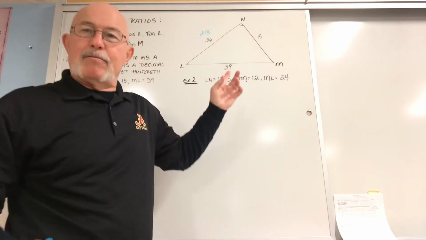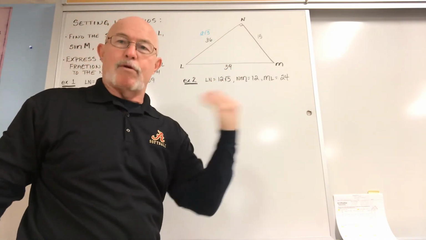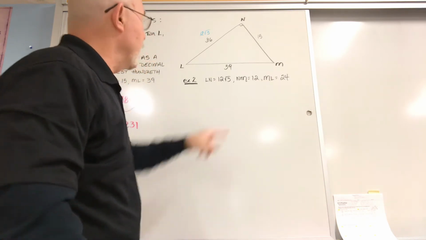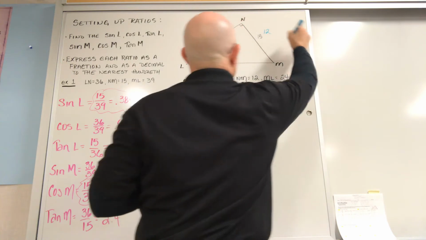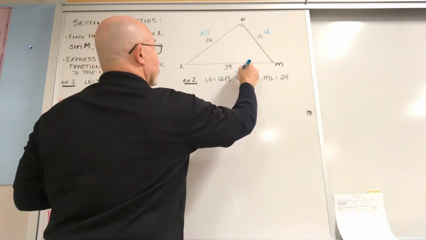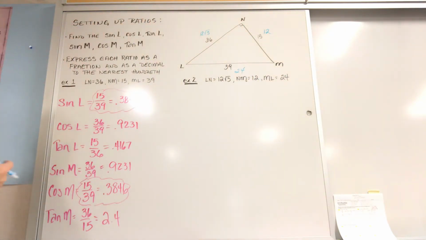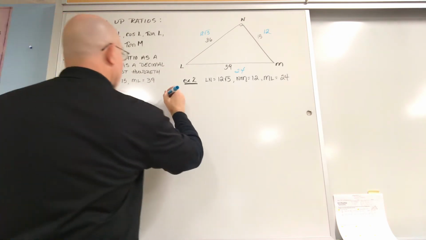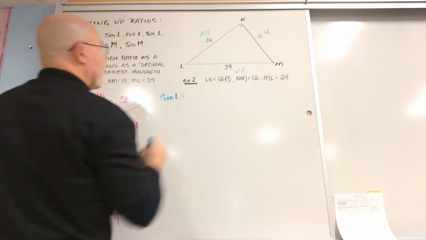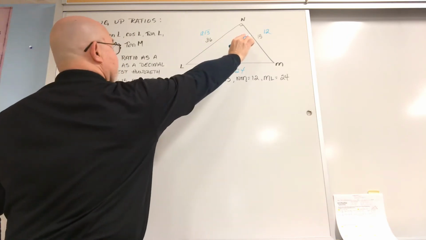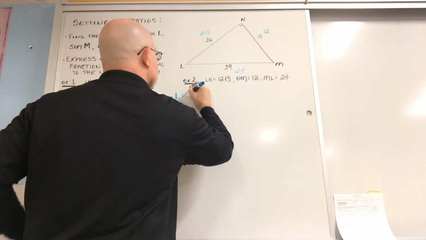And the reason I'm leaving the black numbers up is so when I take pictures of it, you'll remember where everything came from. Okay? The NM is 12. The ML is 24. Okay, so here we go again. The sine of L equals opposite leg over hypotenuse.